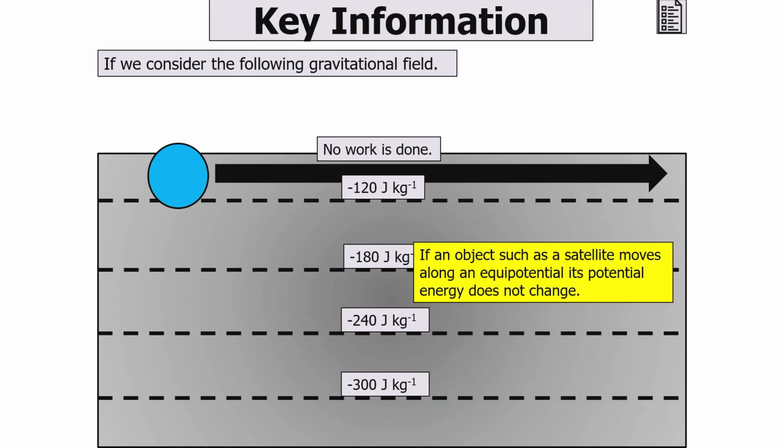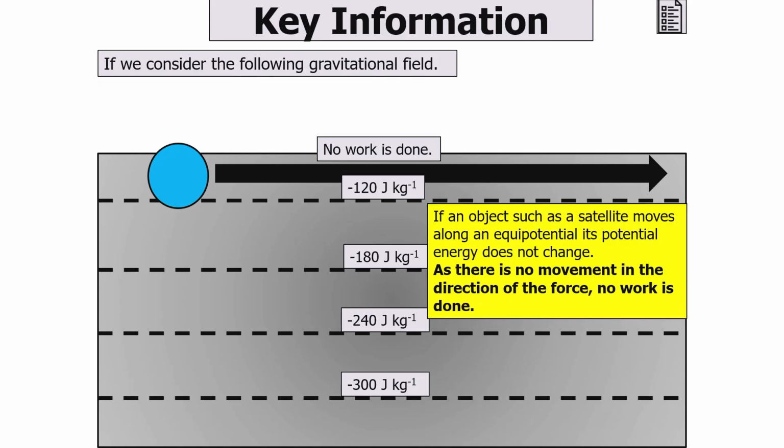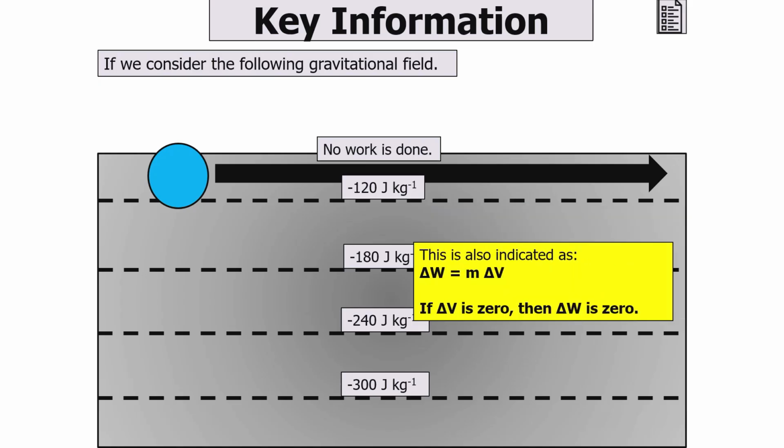If an object, such as a satellite, moves along an equipotential, its potential energy does not change, as there is no movement in the direction of the force, so no work is done. This is also indicated in the equation delta W equals m delta V. If delta V is 0, delta W is 0.